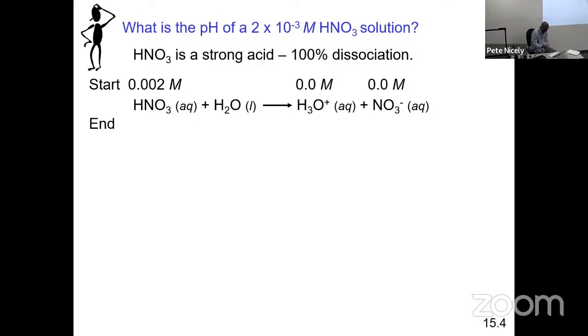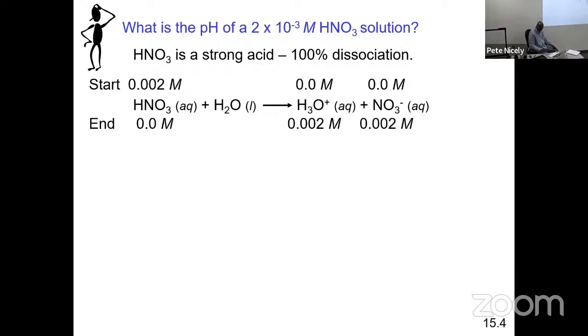So that's before any dissociation occurs. Because this undergoes complete dissociation, that means that all the nitric acid will be converted to ions, right? So therefore, at the end of the process of dissociation, you're going to end up with, in the solution, 2 times 10 to the minus 3 M of both hydronium and the nitrate ions.